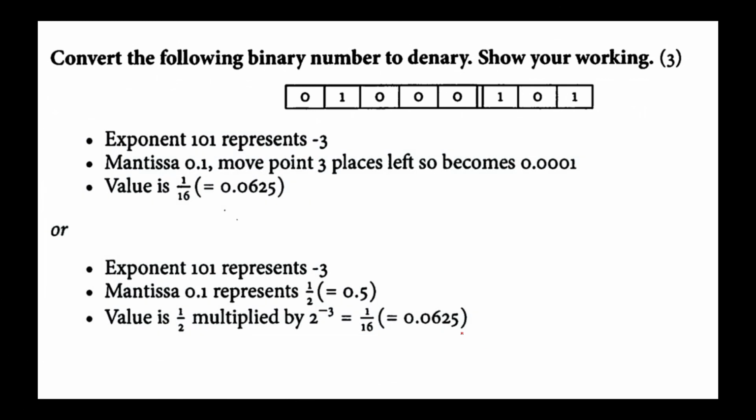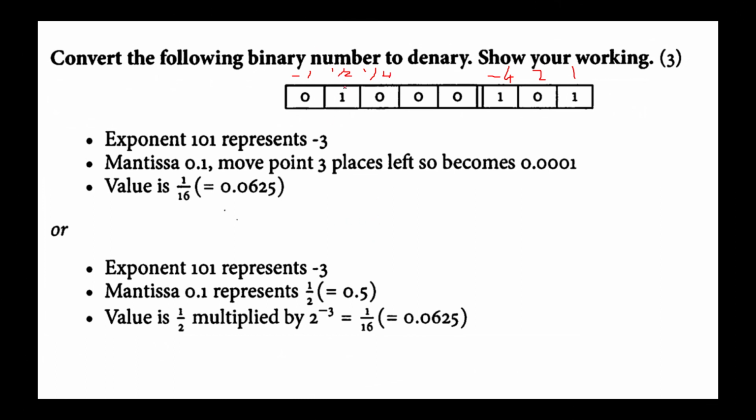So here we go. Exponent is 101, which represents -3 because -4, then there's a 1, 2, so -4 plus 1 is -3. The mantissa is 0.1, so there's the -1, then half, then quarter, and so on and so forth.